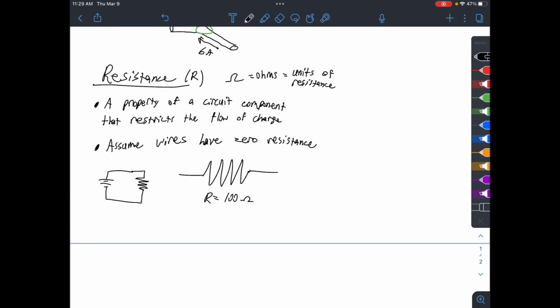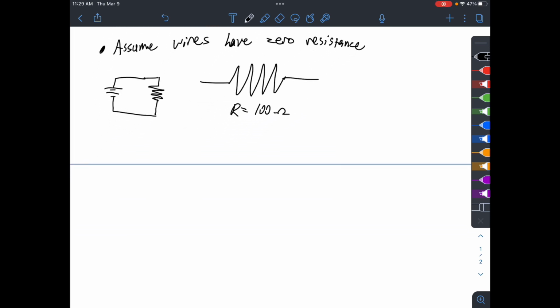There's a couple rules for finding something called the equivalent resistance in a circuit.